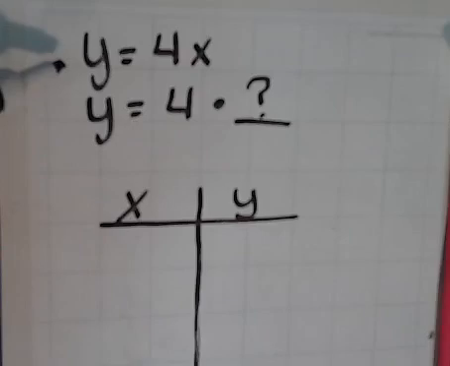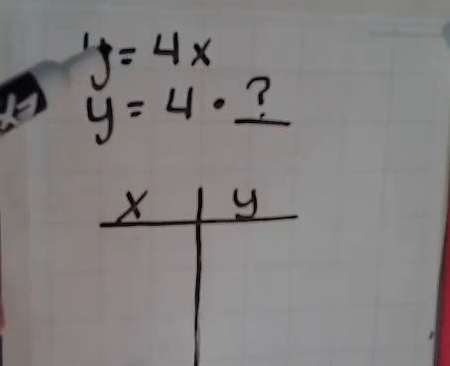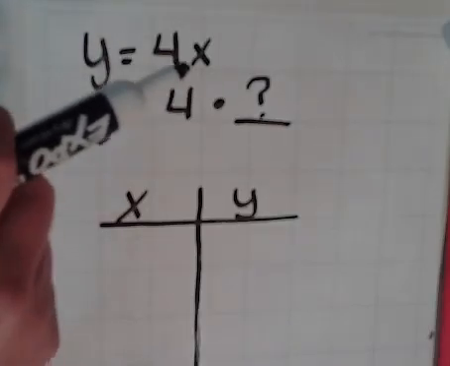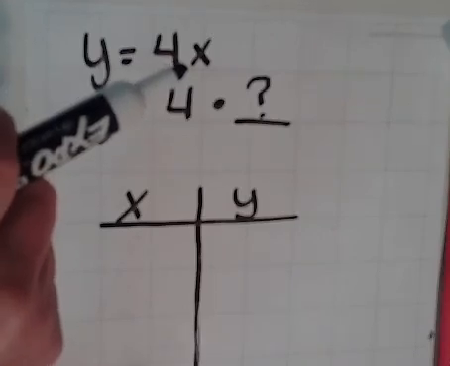And so a real world situation that we can use to explain this linear equation is that I'm going to go to ice cream, and y represents the cost of all the ice cream cones that I buy. 4 represents the cost of one ice cream cone, and x represents the number of ice cream cones I buy.